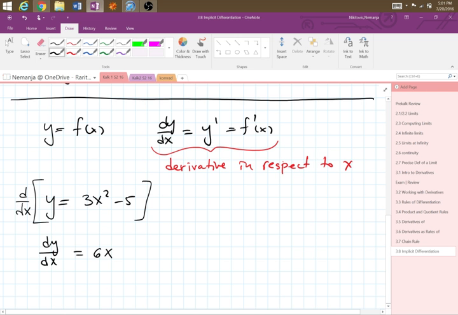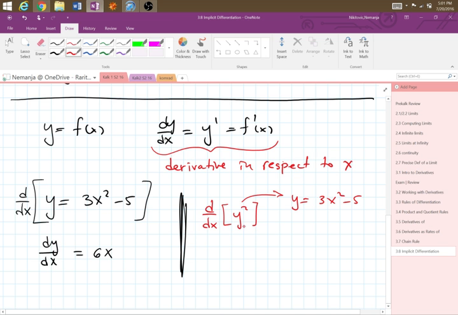Now on the side over here, I want to take the derivative of y squared, knowing what y is, which is 3x squared minus 5. I hope you guys see a chain rule there. I can plug in 3x squared minus 5 and then FOIL it and do all of that. But why would we?